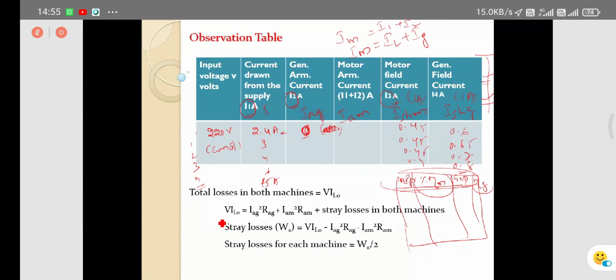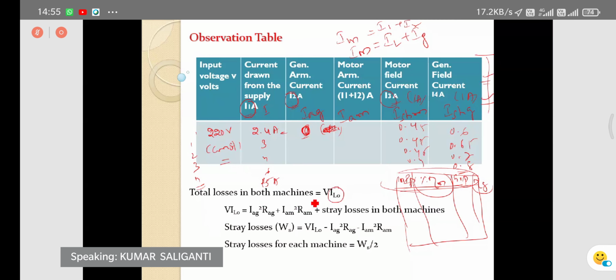Okay, and the total losses in both machines. What are the losses? This is without applying the load, so you have determined these losses. This is also the regenerative test. Why? Because while giving the supply, the motor and generator will be there.